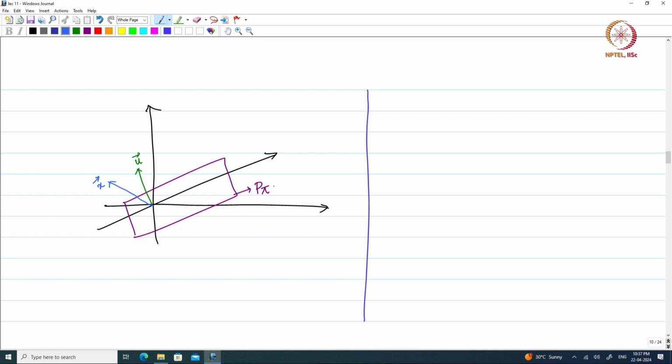So, what are we going to look for? Let x be a vector.